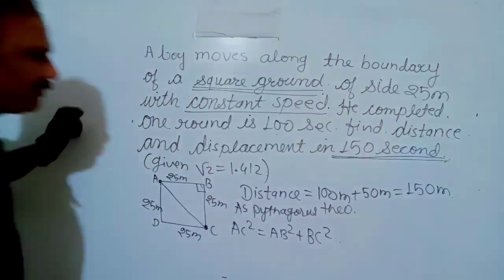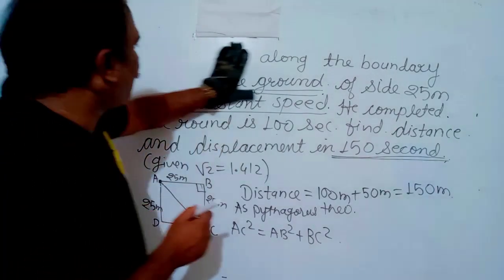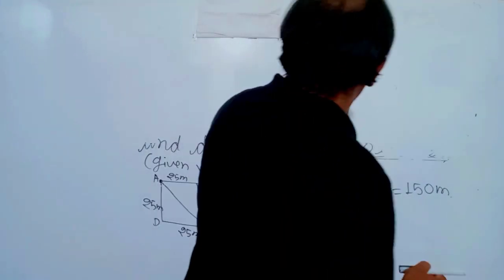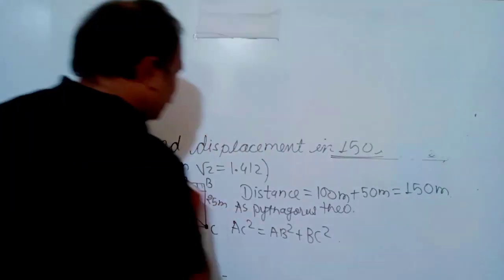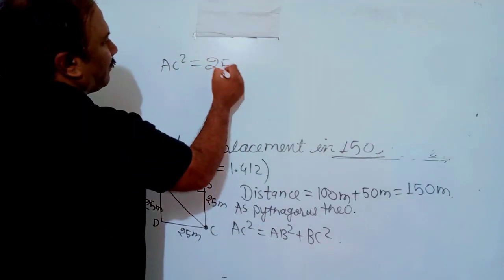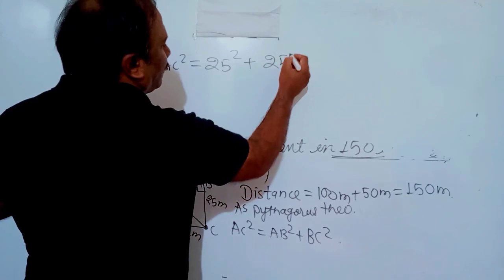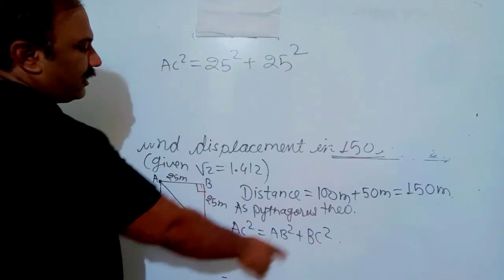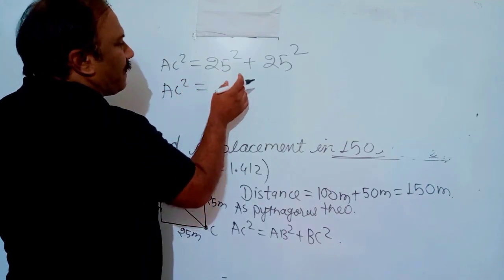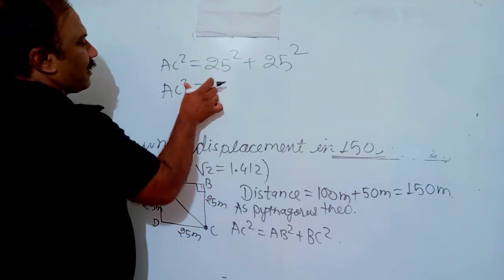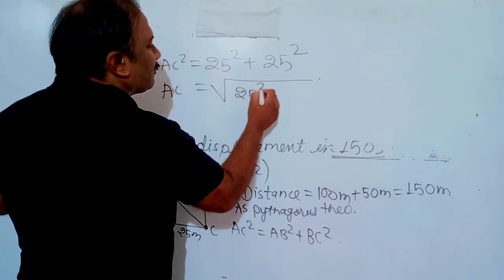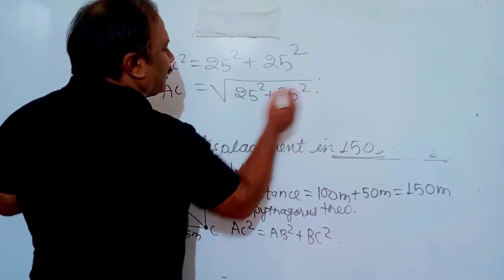Now putting values in this equation, AC square is equal to 25 square plus 25 square, as AB is equal to 25 and BC is equal to 25. So AC is equal to under root 25 square plus 25 square.